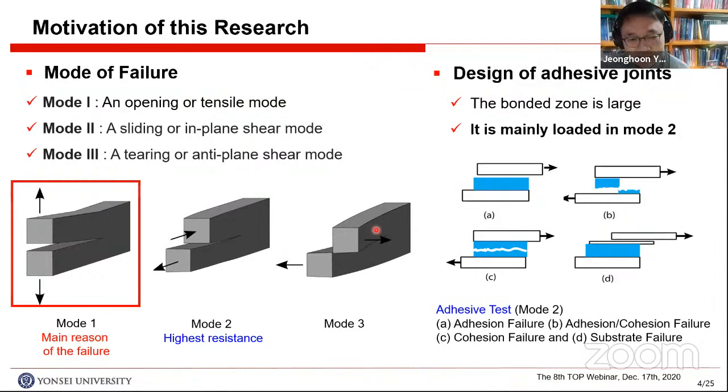Adhesive bonding is very strong for mode 2, but very weak for tensile stress cases. So we have to consider mode 1 for multi-material design considering the adhesive bonding method.